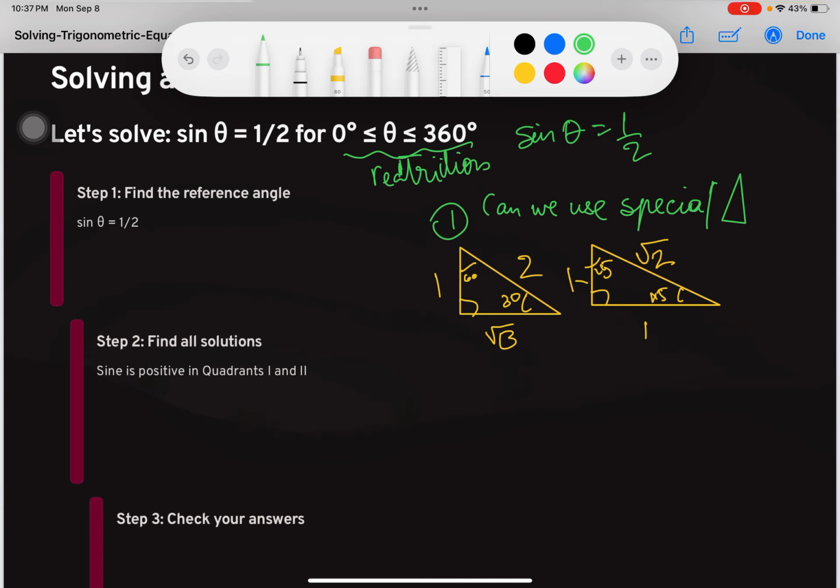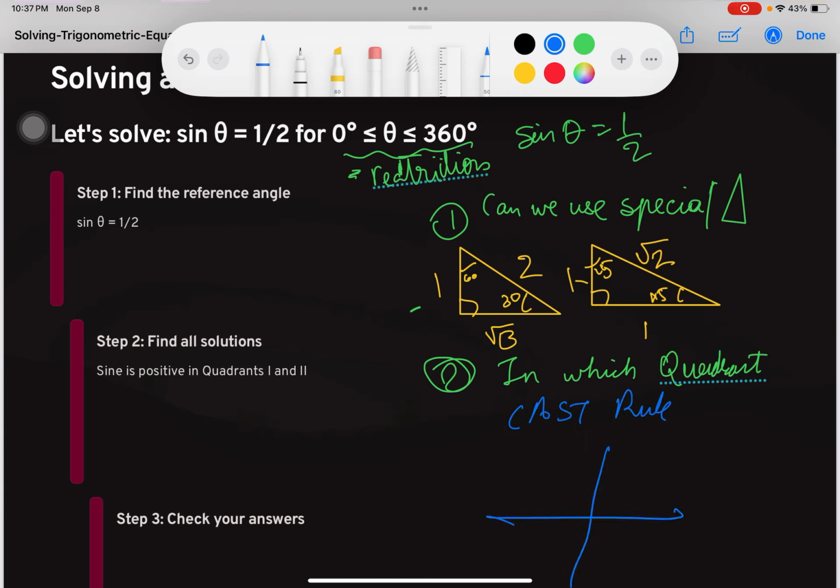Whenever we use a special triangle, this is usually the exact value. Second is, in which quadrant does it lie? Because we can determine this with the help of the restriction we have, and using the CAST rule.